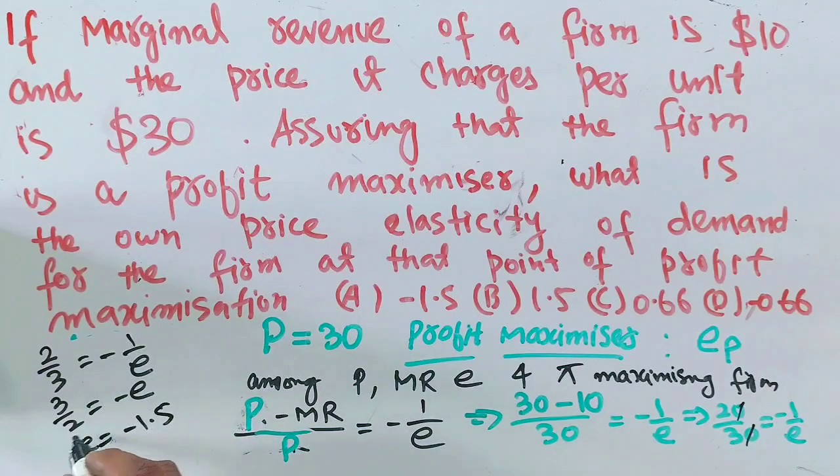Okay, so the price elasticity of demand will be minus 1.5, so this option is correct.